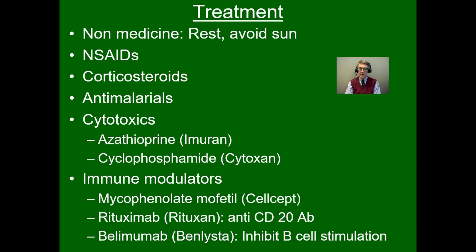Now, next I want to talk about mycophenolate. Mycophenolate has, I think, been a real game changer in the treatment of systemic lupus erythematosus. Basically, it functions by inhibiting the synthesis of the purine nucleotide guanosine.